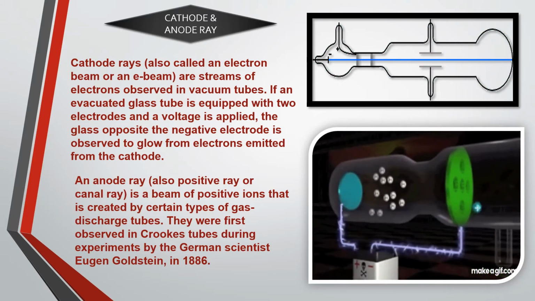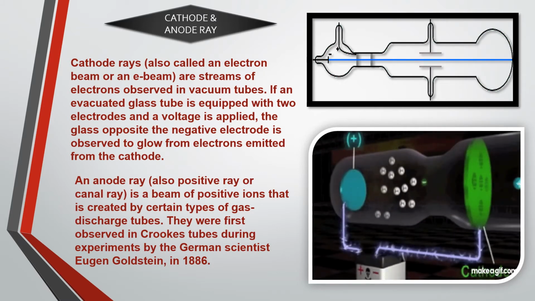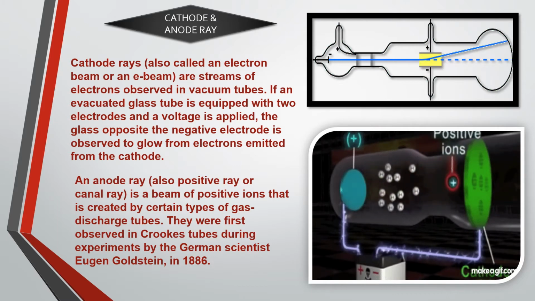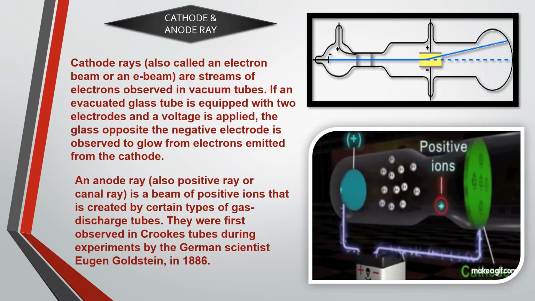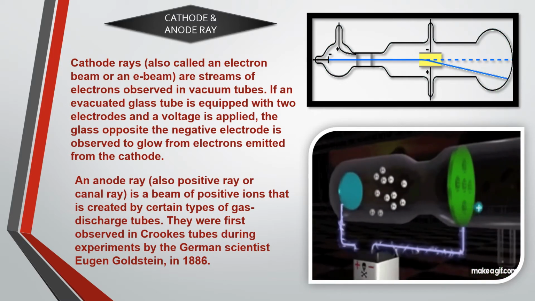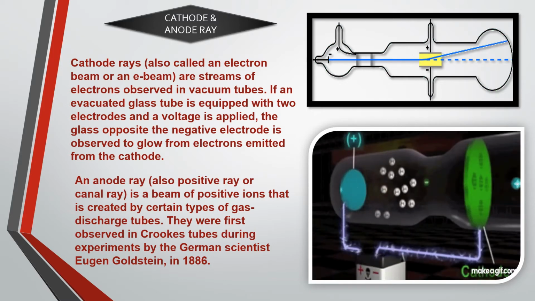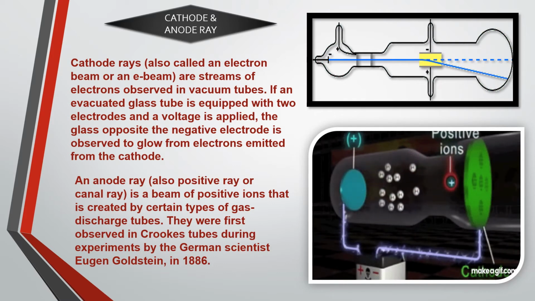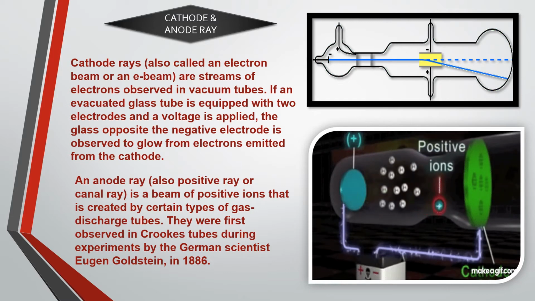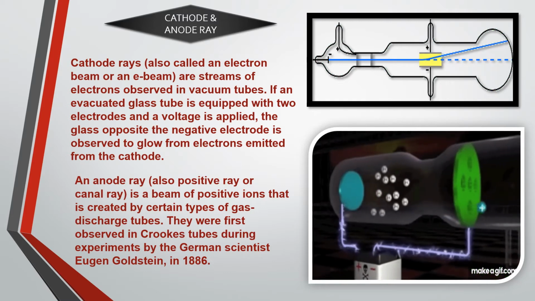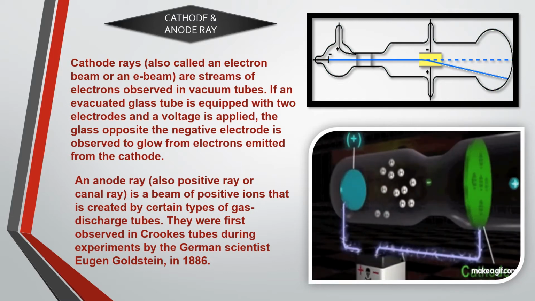Now, coming to the next one, that is anode ray. First, you see the diagrams. A very good diagram I have given. From anode, ray is passing towards cathode, and from cathode, ray is passing towards anode. One is green color, another one is white color balls.